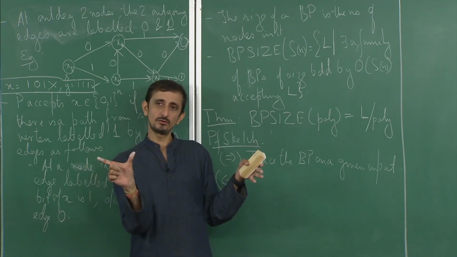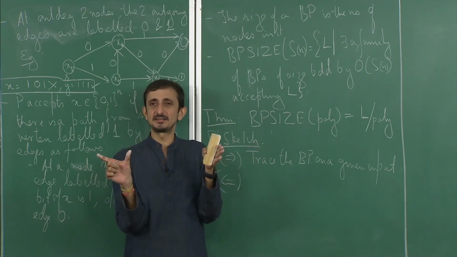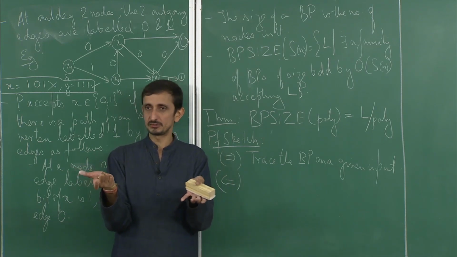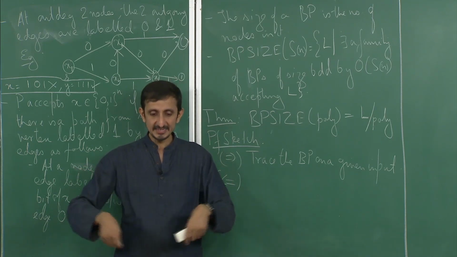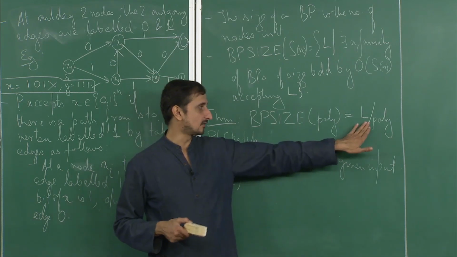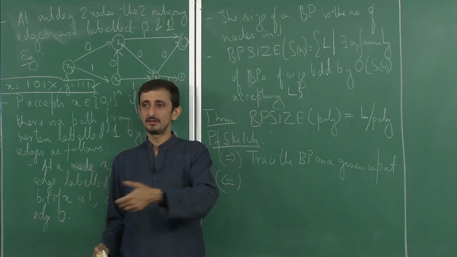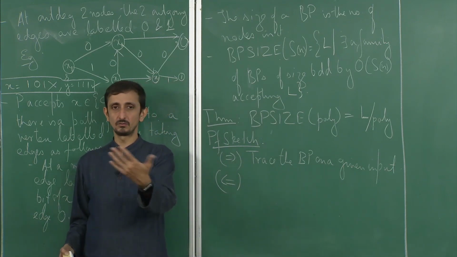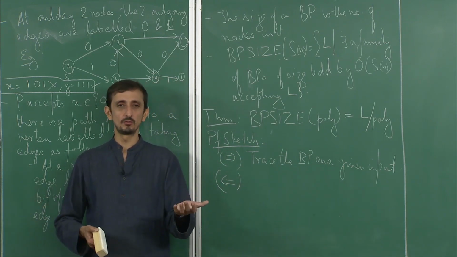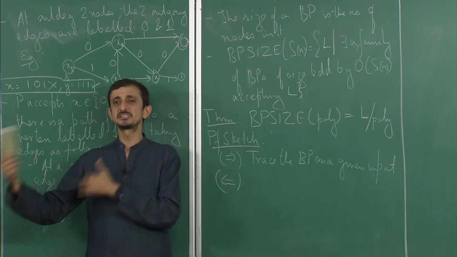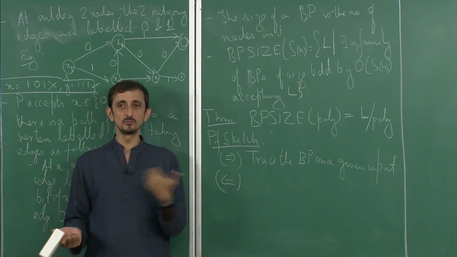You have the input, and then you have some workspace that is given to you, which is bounded by log space. Now at each step, how does that machine work? It looks at an input bit, maybe a bit in the workspace, and looks at the transition function and decides which state to go to and which way to move the head.